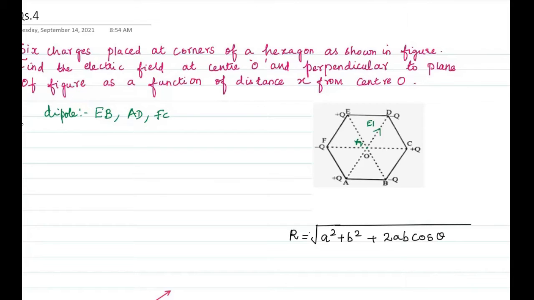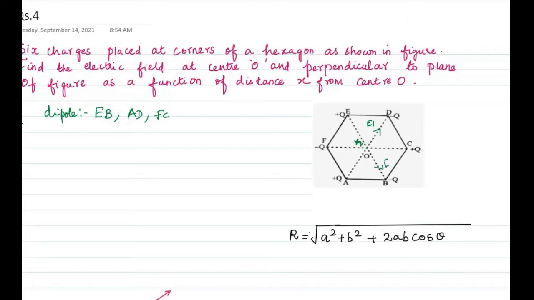Now due to this dipole pair E and B, this plus Q will be attracted by this minus Q. So how we get this electric field direction is, you draw the electric field direction opposite to the dipole moment. For this, the dipole moment will be from minus to plus, then the electric field direction will be opposite to that.